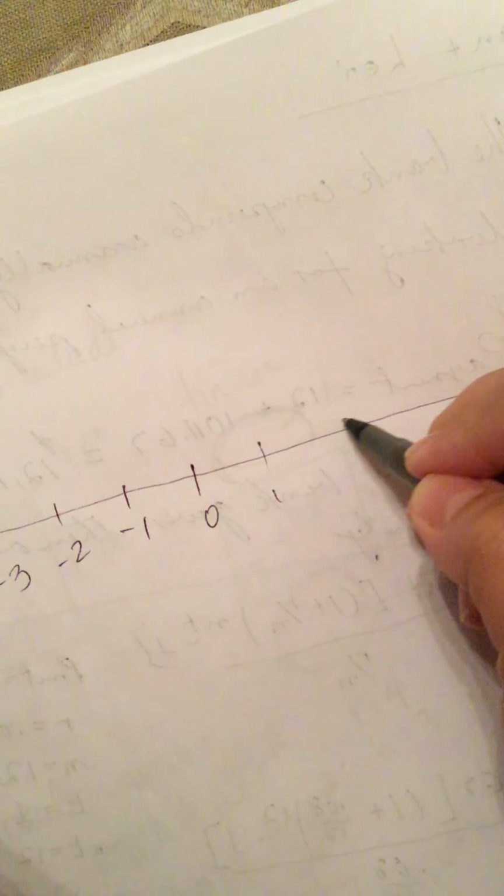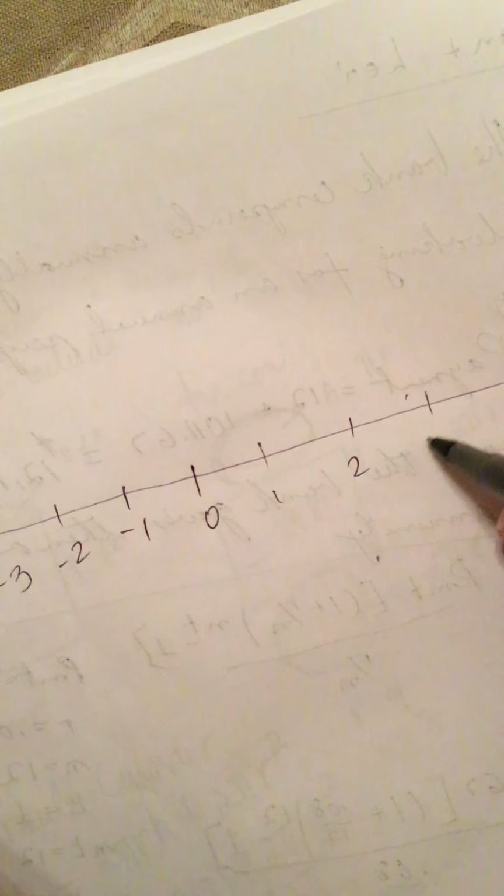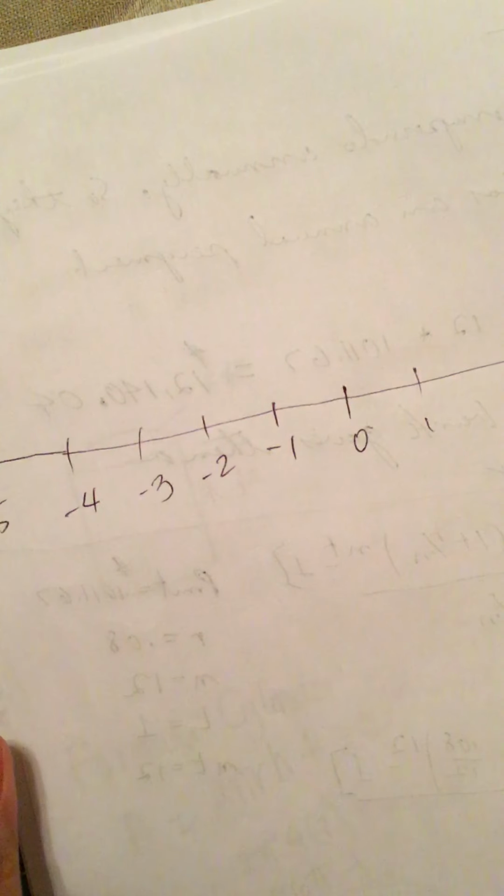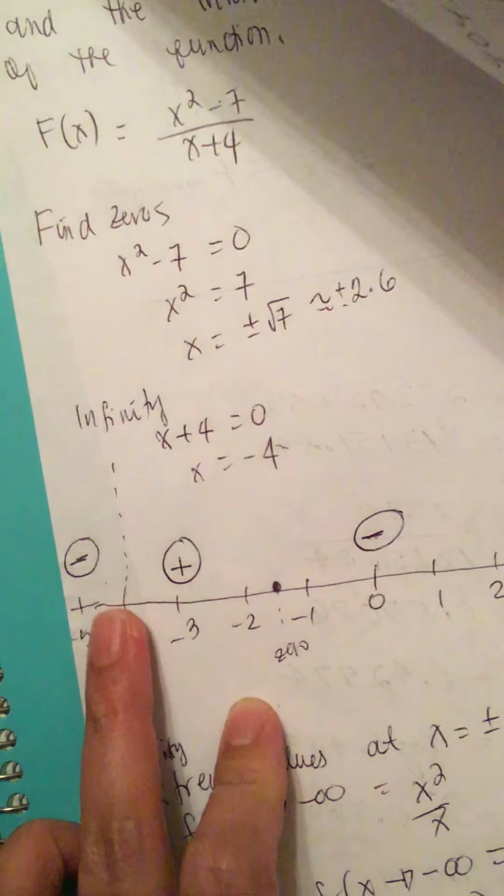And this is minus 4 and minus 5. 1, 2, 3, 4, 5. So our number line looks like this.